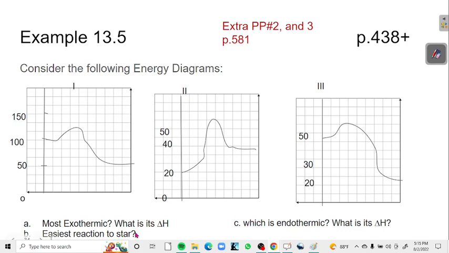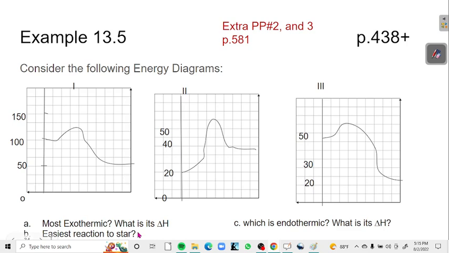The last section says, which is the easiest reaction to start? For a reaction to be easy to start, that means the activation energy is the lowest because it requires less energy to get started. So we need to look at the bumps here. When you read easiest reaction, they're talking about activation energy. Easiest means the less activation energy required. If it would say harder, which is harder to start, you look also at the activation energy, but you look for the highest bump.